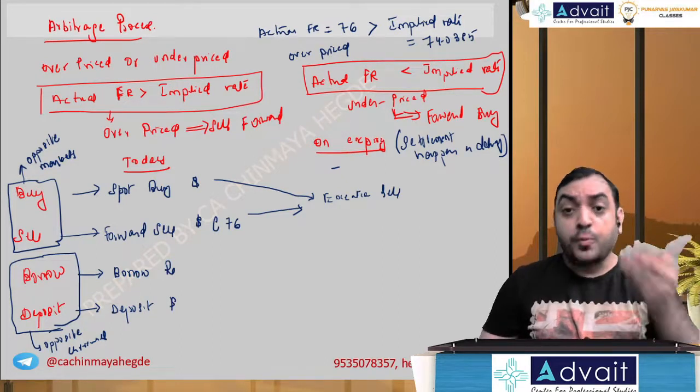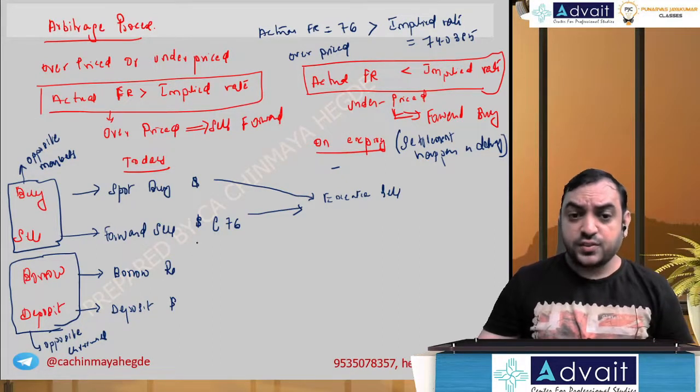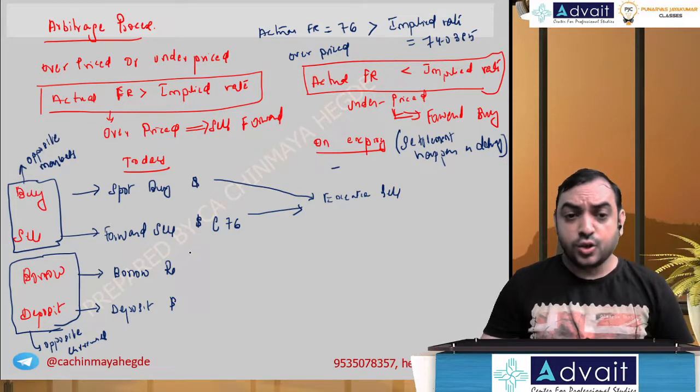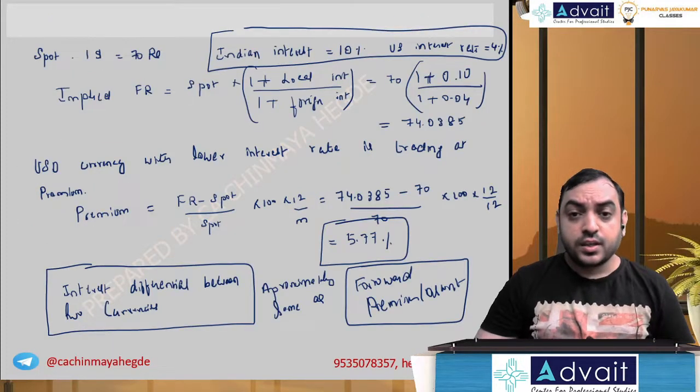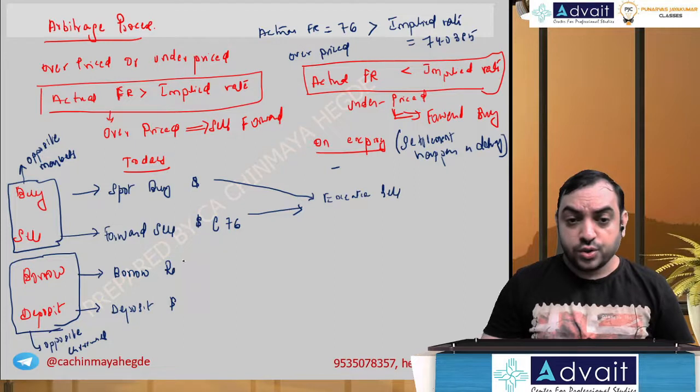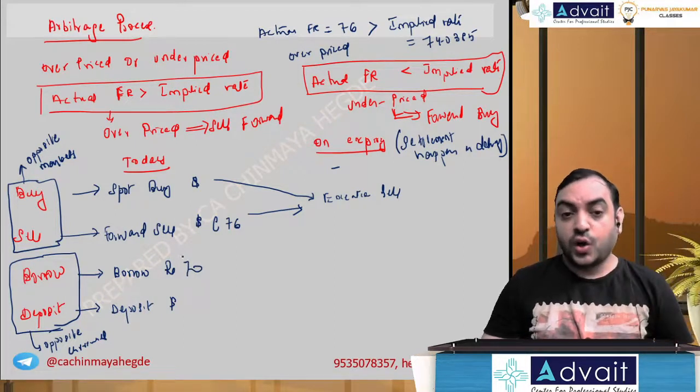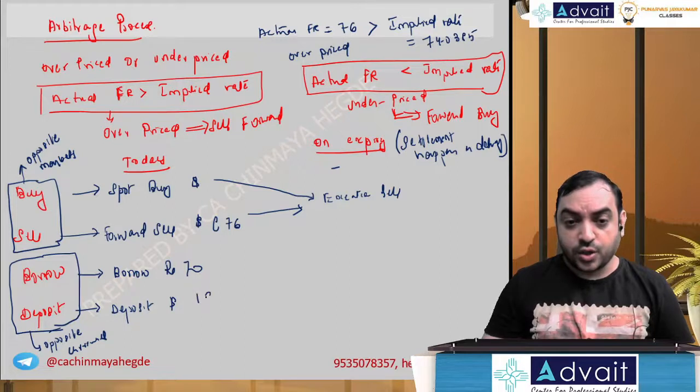Now borrow rupees, how much do you borrow? What is $1 costing today? 70 rupees. You borrow 70 rupees because you need that $1, and you deposit $1. This borrowing should be repaid, and this $1 deposit will mature.